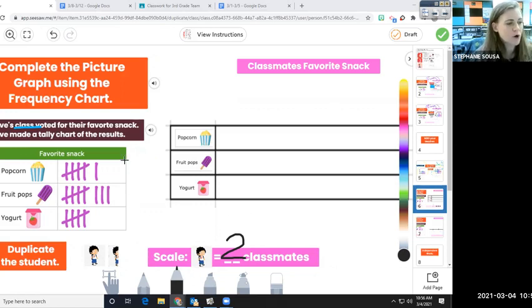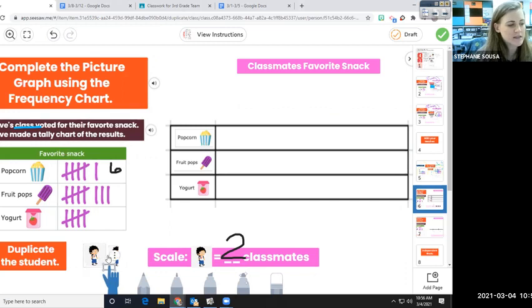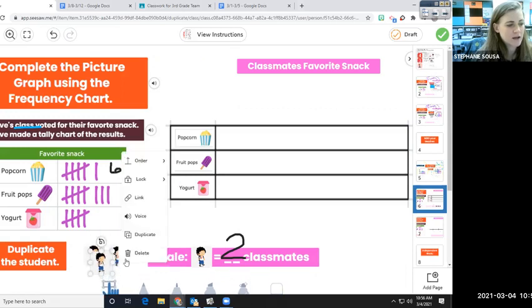All right, popcorn. This has 6 votes. This is a group of 5 plus 1 is equal to 6. So let's count by twos until we get to 6. Come here, student. Unlock and unlock and duplicate. Go ahead, unlock, unlock, duplicate. There's 2 for popcorn.